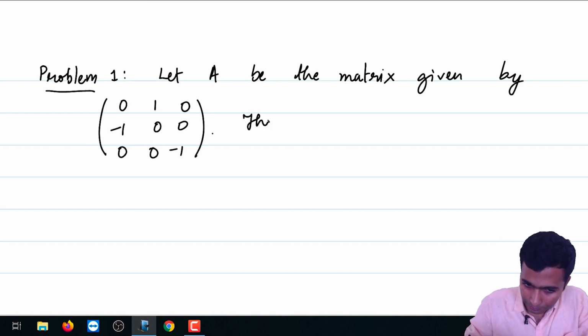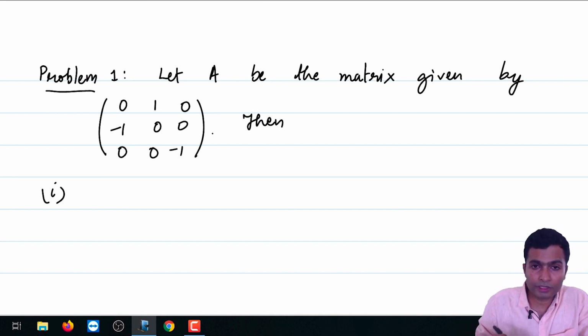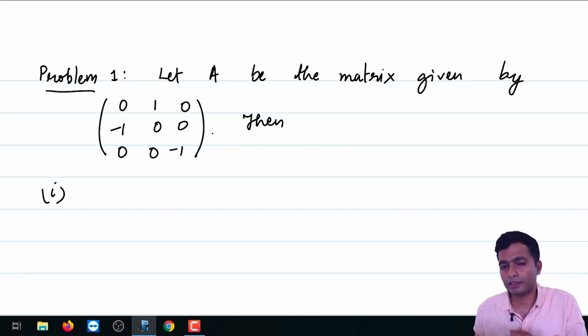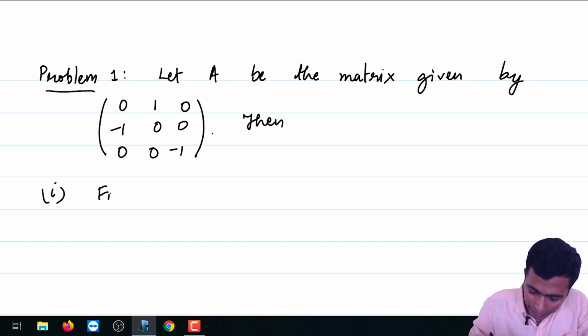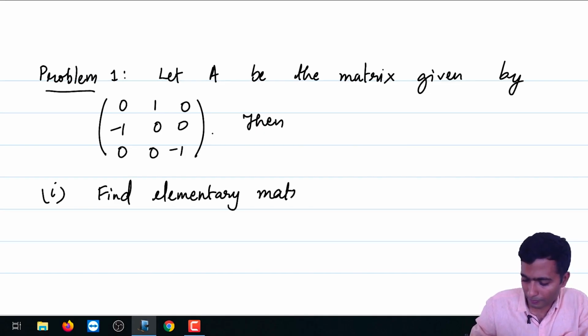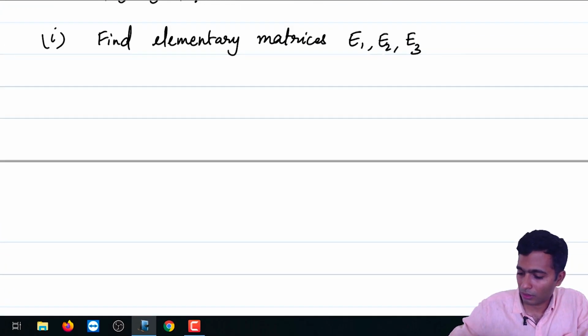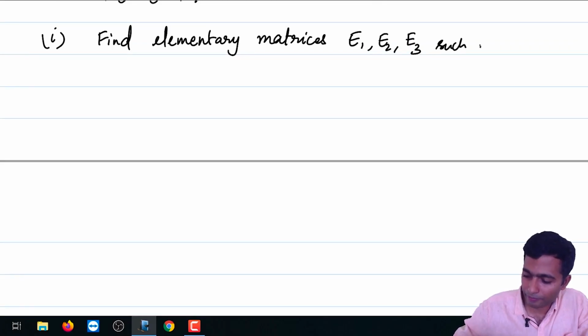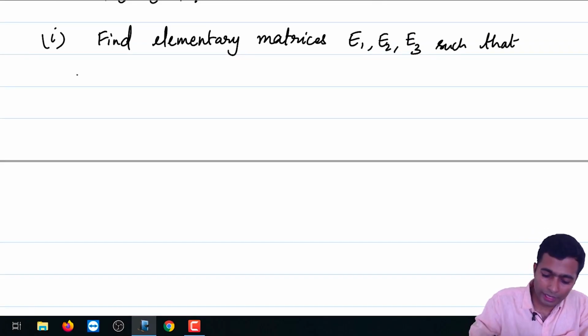Then the first part says find elementary matrices E1, E2, E3 such that A is equal to E1, E2, E3.